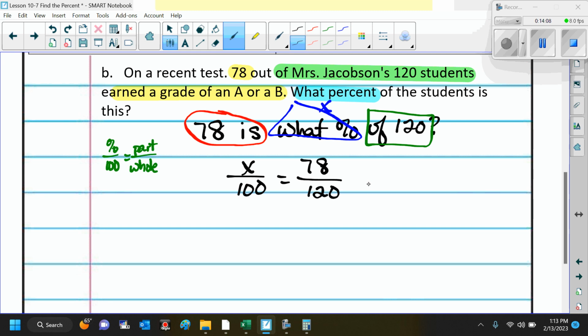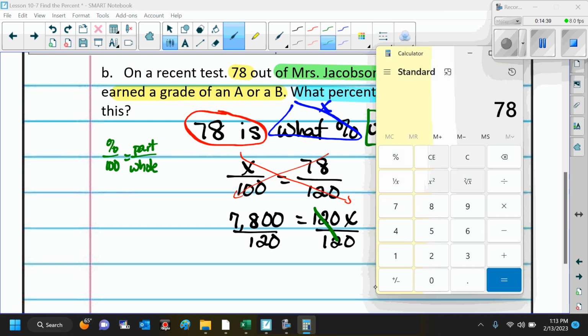And now we can cross multiply. Make sure you follow your arrows. 78 times 100 is 7,800. On the other side, we have x times 120, that's 120x. And then we're going to divide by 120 on both sides.